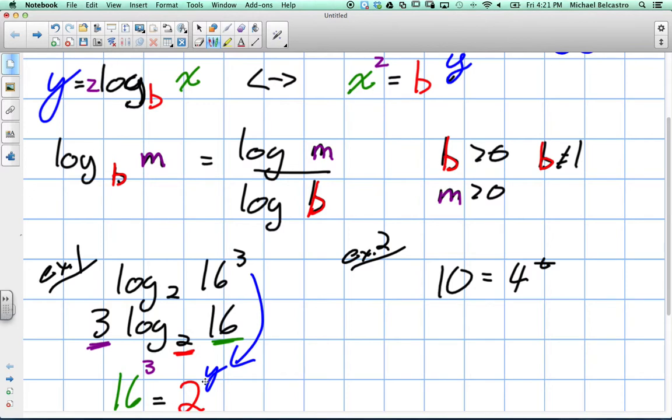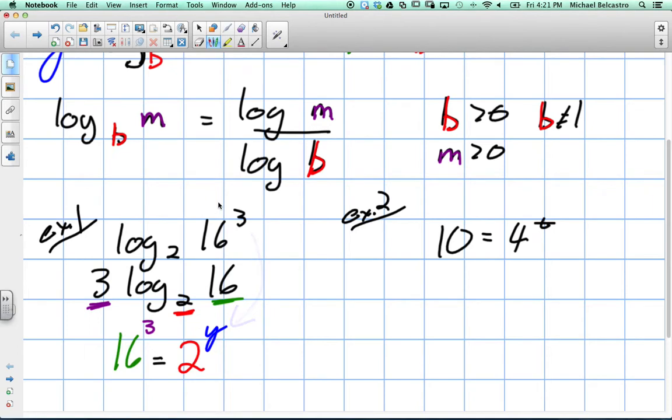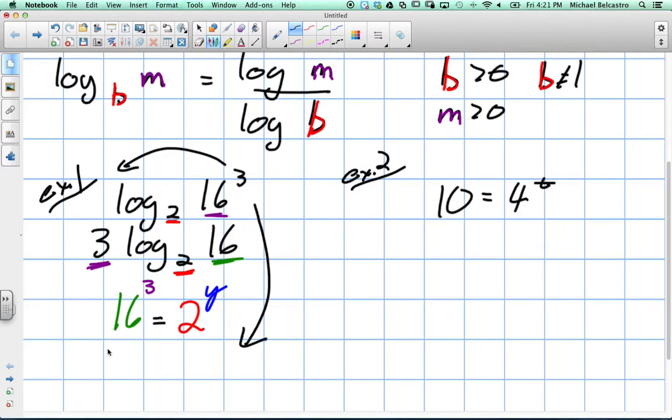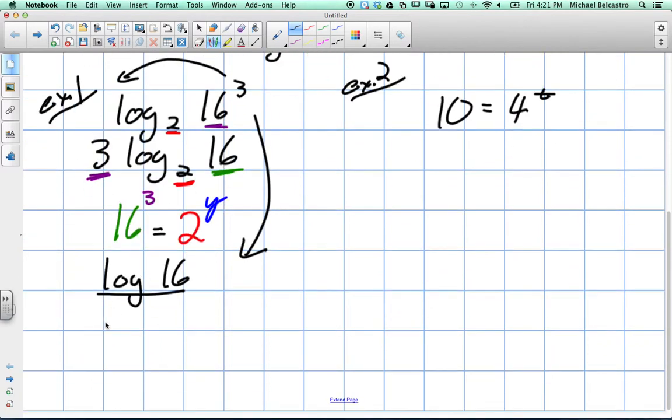Okay, so let's actually put it into where we were supposed to put it. So our log base m, this would have been our base in that case, and this would have been our m value. Again, the 3 comes down in front, like we said before, and that 3 would fall into this part. So if we were to convert it to base 10 logs, we'd have log 16 over log of our base 2, and technically our coefficients multiply by 3.